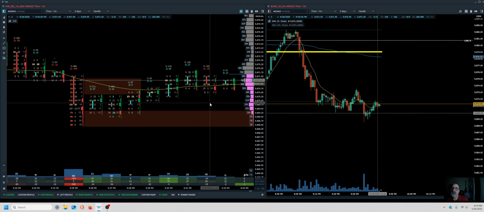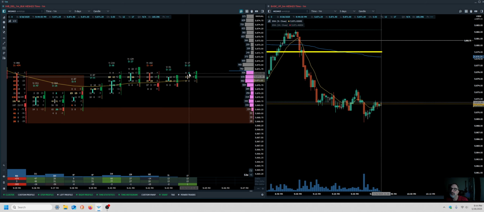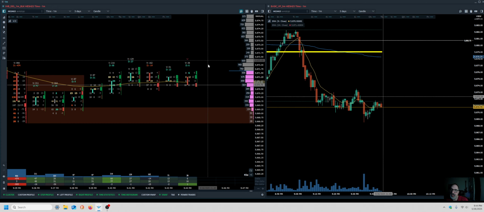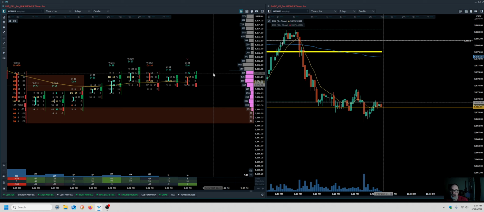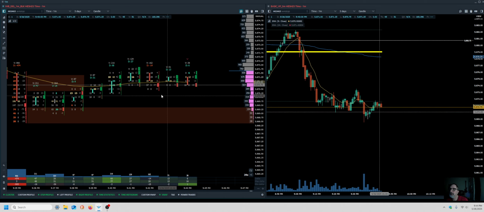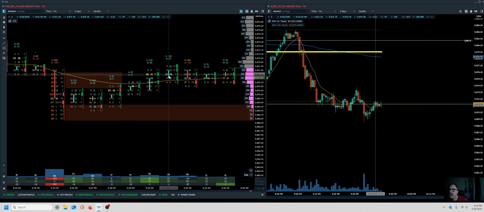So would this be good for an entry? Let's see. You're buying a balance here. All right, so it's saying support. What I would be thinking is price comes up and then comes back down and hits a support level, which you would go long from there. So price comes up, you go long right here.